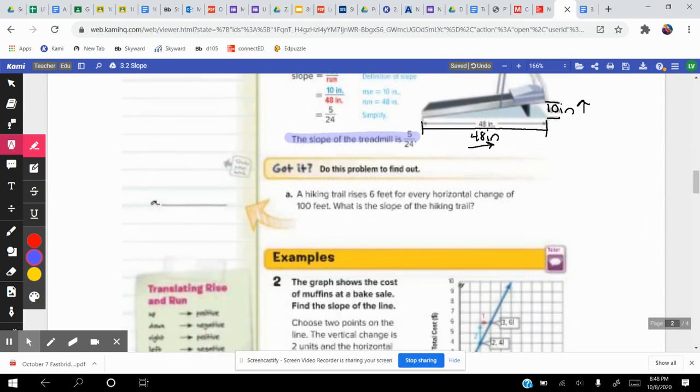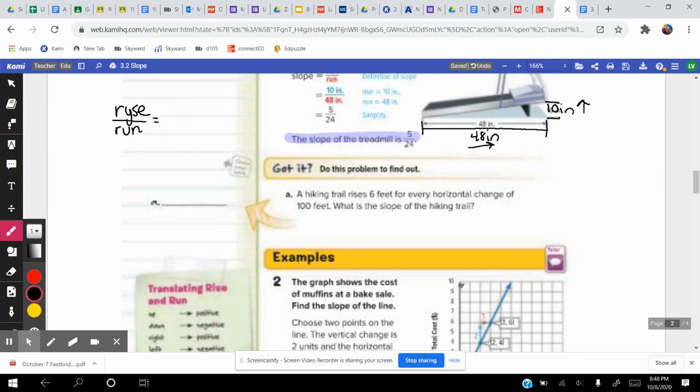Letter A. A hiking trail rises 6 feet for every horizontal change of 100 feet. What is the slope of the hiking trail? Well, we have our rise divided by our run.